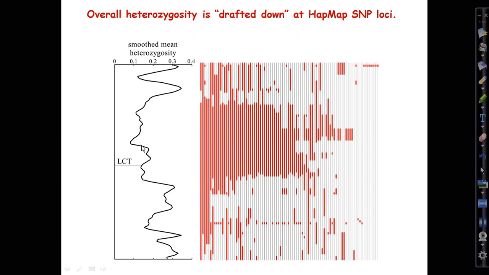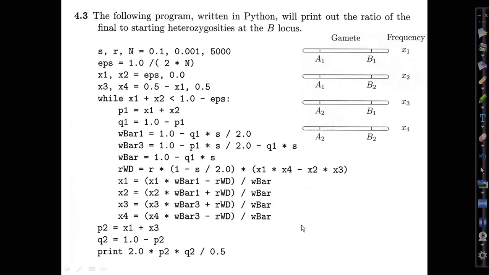This valley of reduced heterozygosity does call itself to our attention once we know that that's the place where the consensus chromosomes occur. But if you didn't see the right-hand half of this figure, you probably wouldn't think anything was particularly special about that. So that raises the question, why is the effect so irregular and modest?